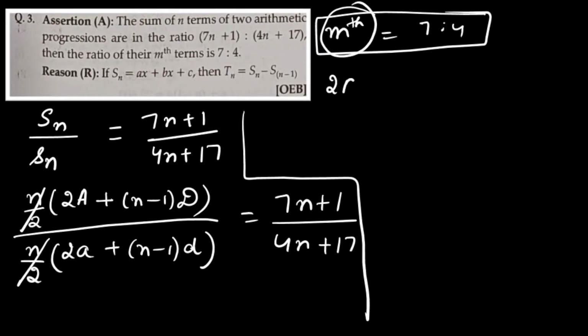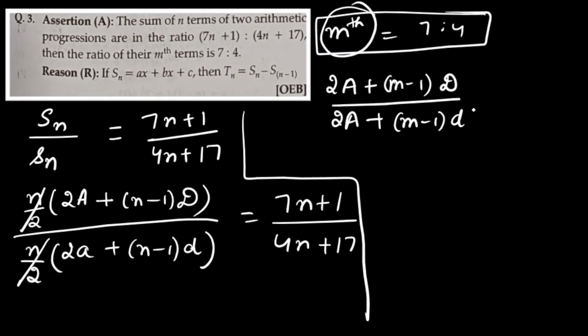We'll get 2A plus n minus 1 into D by 2a plus n minus 1 into d. I am just replacing n with m: 2A plus m minus 1 into capital D by 2a plus m minus 1 into small d equals 7m plus 1 by 4m plus 27. So this is what I'll get.